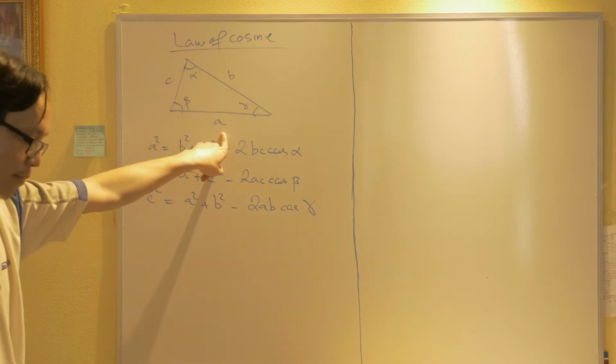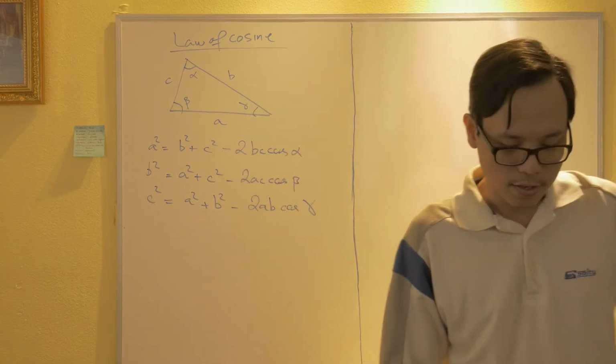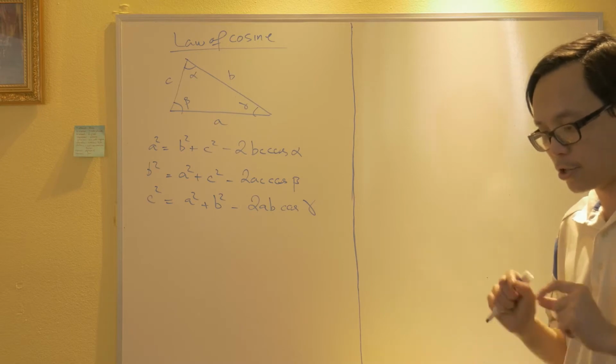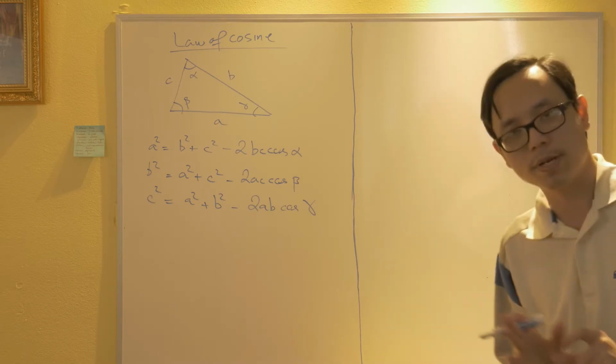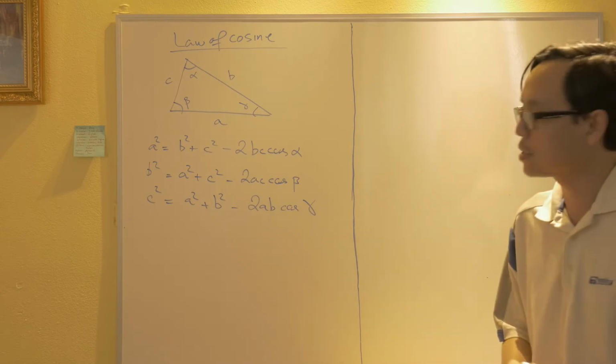So when you solve a triangle, you must look at all the information and determine if you have enough conditions for you to apply the law of sines or the law of cosines or not.